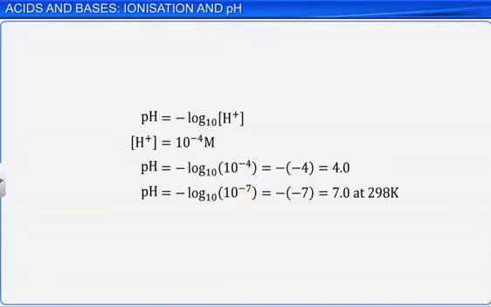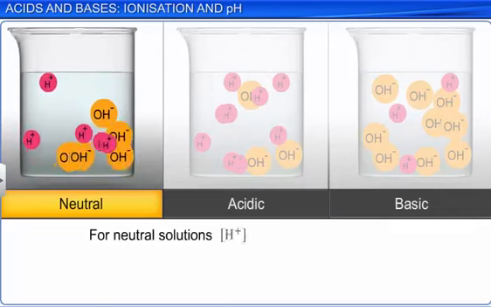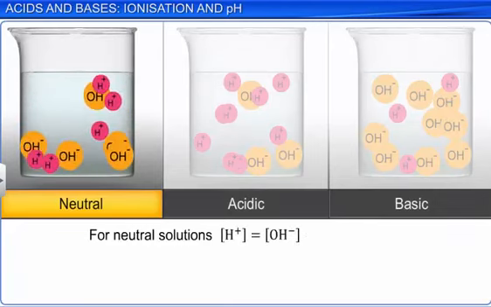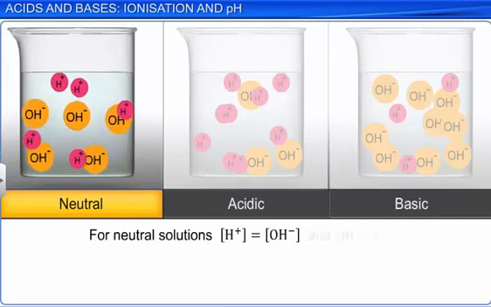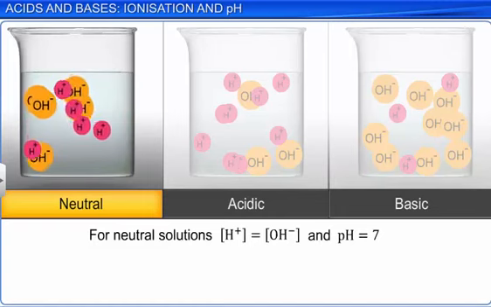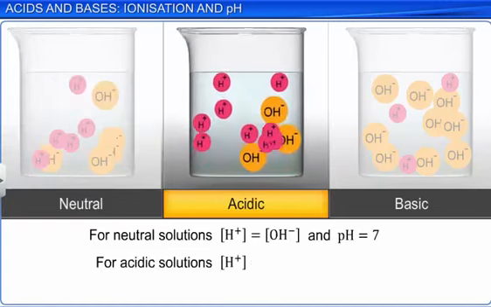Thus, for neutral solutions, the H+ ion concentration is equal to the OH- ion concentration, and the pH is equal to 7. For acidic solutions, the H+ ion concentration is greater than the OH- ion concentration, and the pH is less than 7.